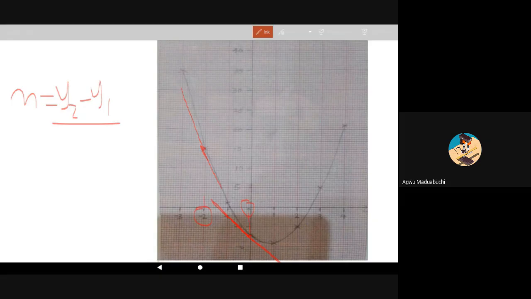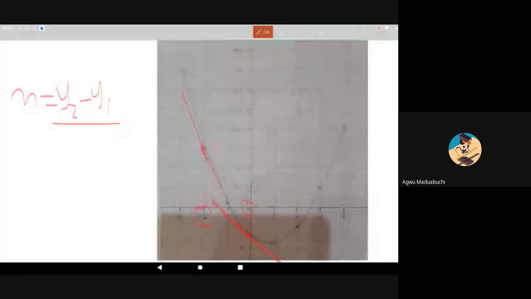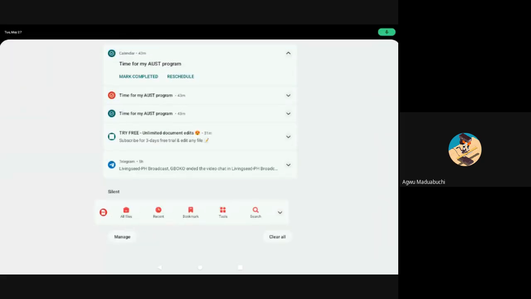Sorry, my screen is frozen. Okay, so what do I do? Okay, let me see if it will come back. No. Sorry, I'm trying to see how to close it.